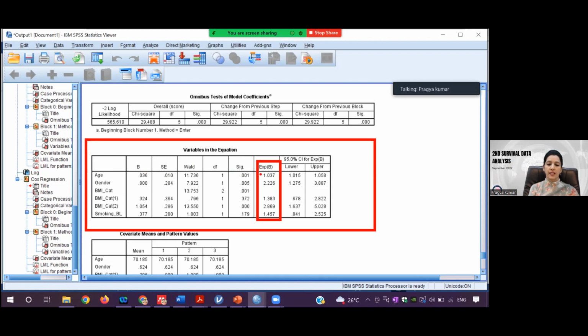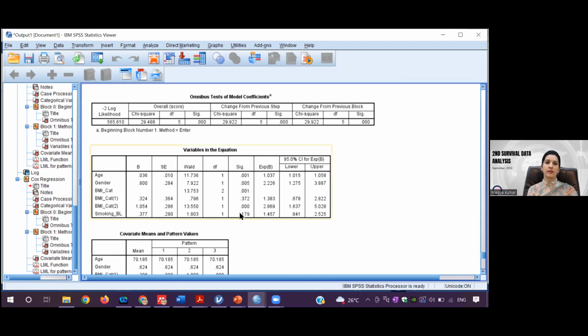So I'm explaining it with the age. And you see the significance also. So which variables have a significant level? Age, gender. In fact, all are significant except smoking. Smoking is not significant because its significance value is 0.179.